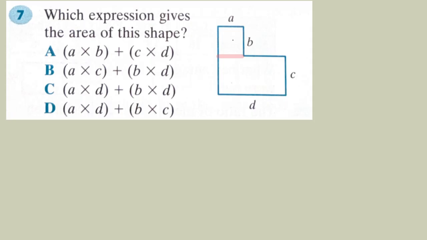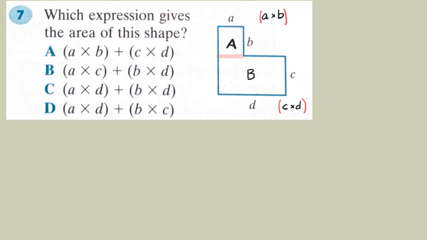So one of our areas we'll call A, and you've got another area which is B. Now to calculate area A, we want A multiplied by B, and to find out what the area of B is, we'll have to multiply C by D. So we have these two areas now, and we will now add them together.